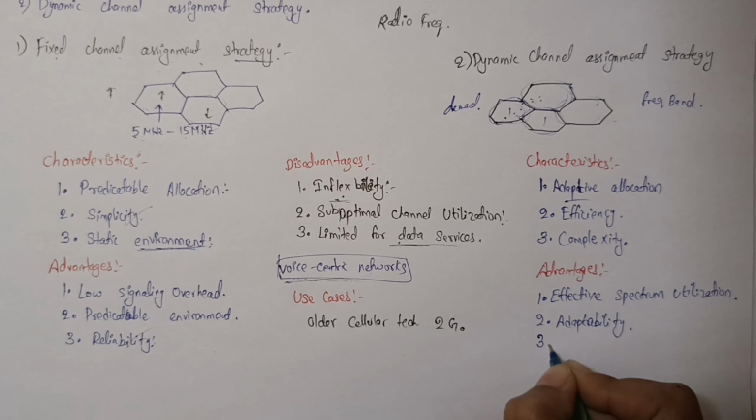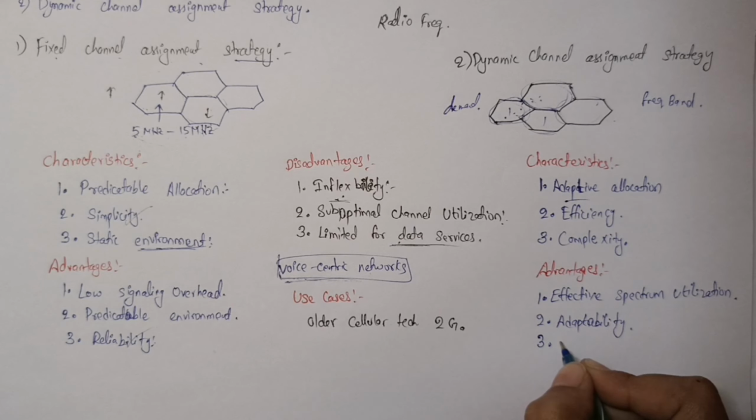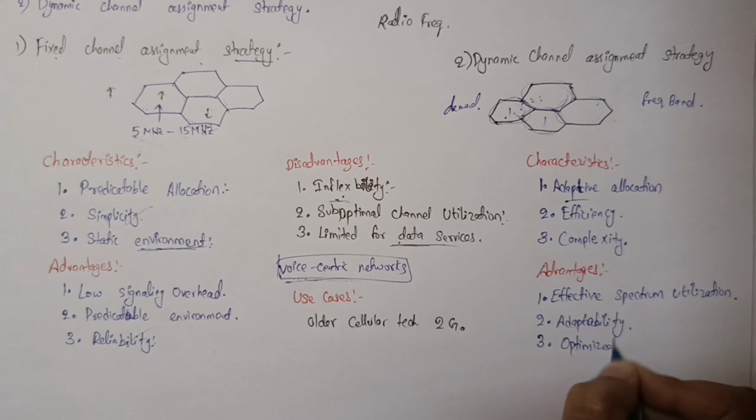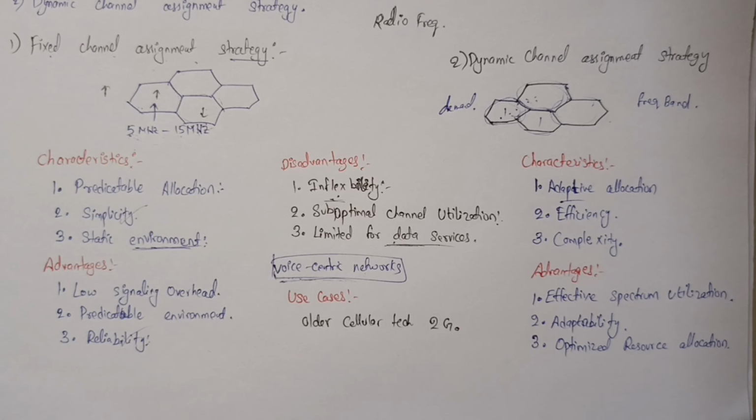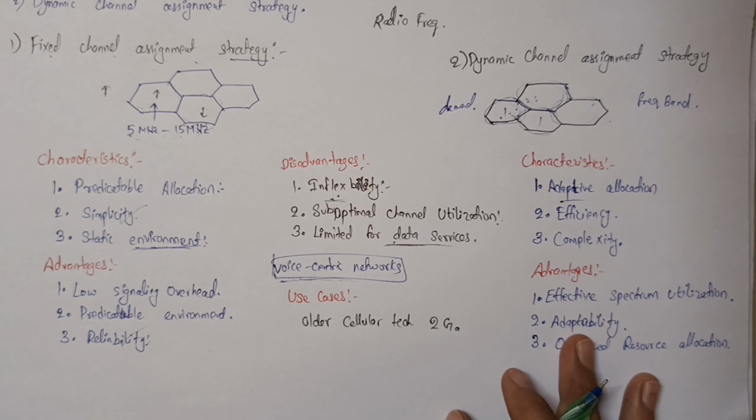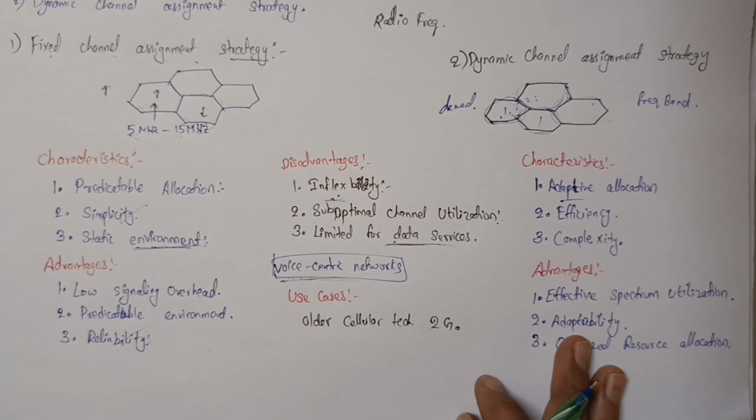Now the third advantage is optimized resource allocation. So this can optimize the resource allocation by dynamically reallocating the channels from less busy cells.